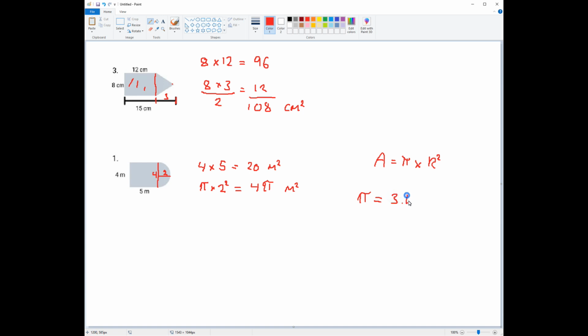So what I learned when I went to school was pi is 3.14. Now I know some of you say it's 3.1416, which is also fine. This is a bit more accurate than the 3.14. So whichever you prefer. So to get the final result, you would have to say 4 times whatever value of pi that you want to use.